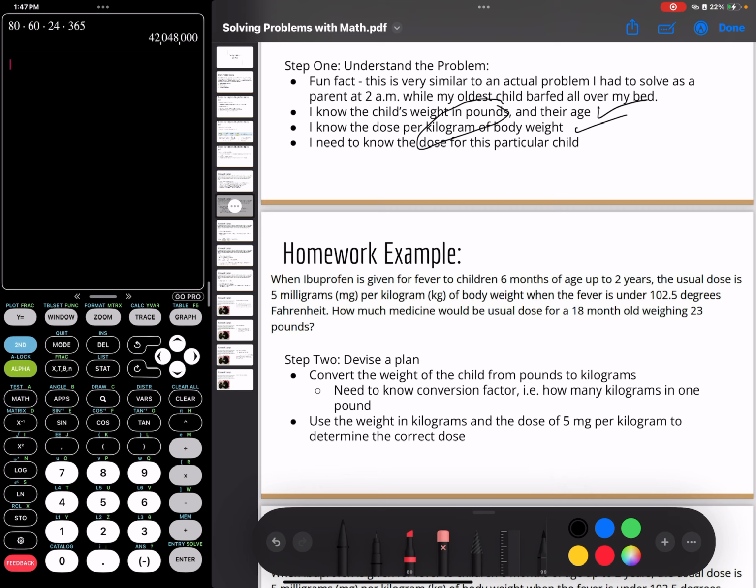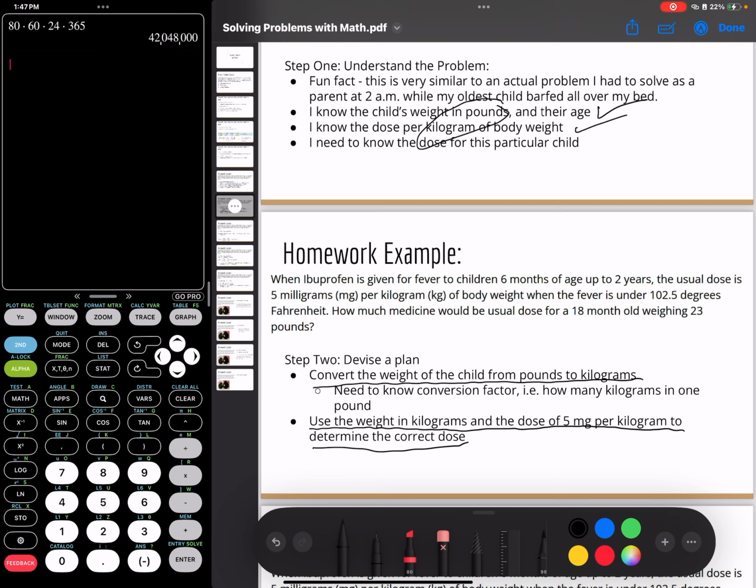If I can convert the weight of the child from pounds to kilograms, that's going to get me somewhere. And then once I know the child's weight in kilograms, I can use the weight in kilograms and the dose of 5 milligrams per kilogram to figure out the right dosage. Okay, so notice I haven't done any calculations yet. I'm just figuring out what I'm going to try first.